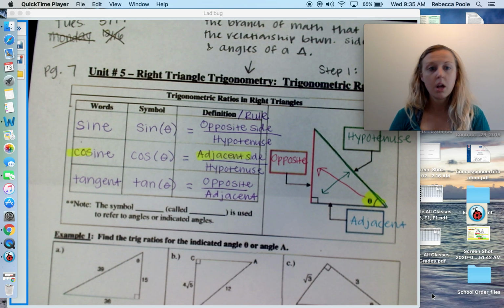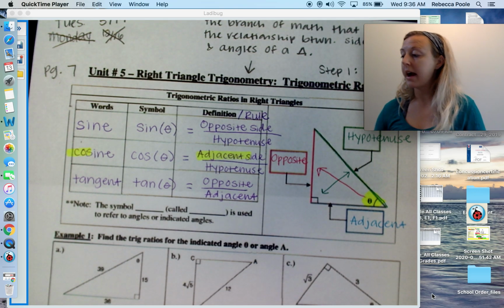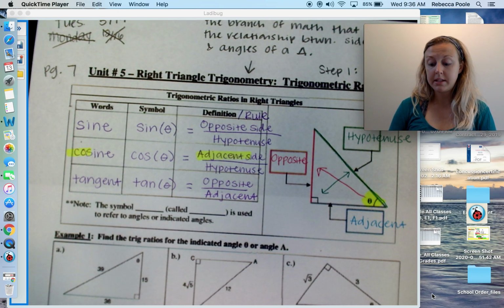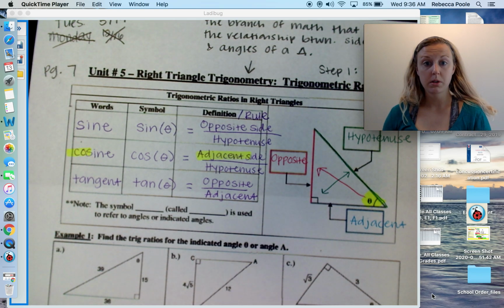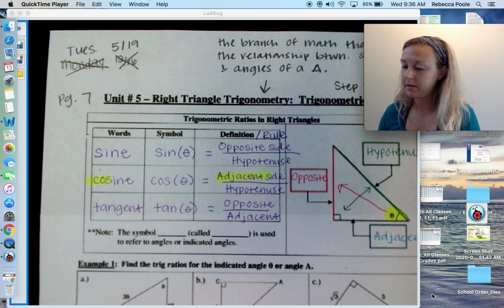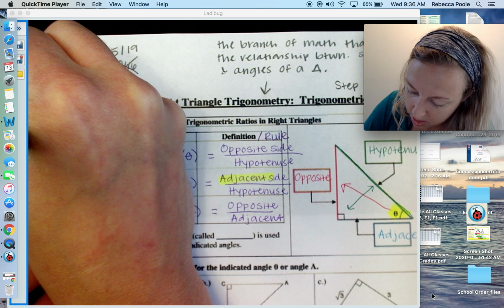All right? So there is a corny phrase that goes with this that will help you remember the different rules, okay? So the saying is, let's see, where do I want to put it? I'll put it right here.